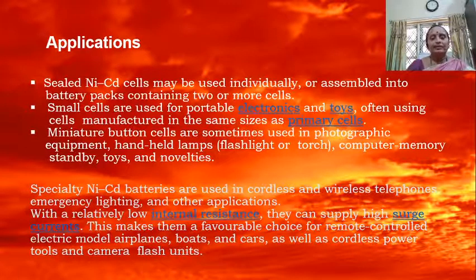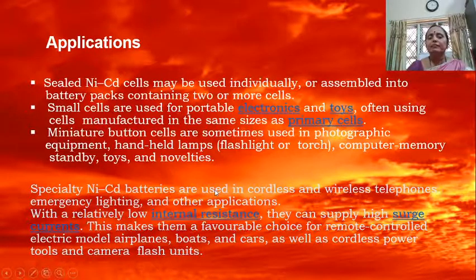Coming to the applications of the nickel cadmium cell. Sealed nickel cadmium cells are used individually or assembled in battery packs containing 2 or more cells. Small cells are used for portable electronics and toys, often using cells manufactured in the same size as primary cells.